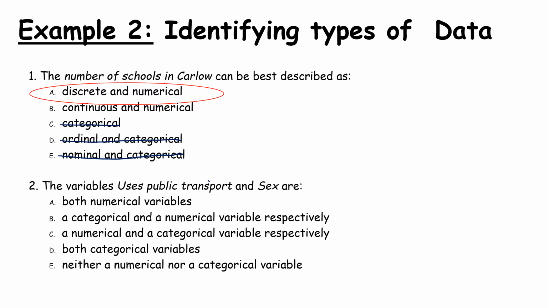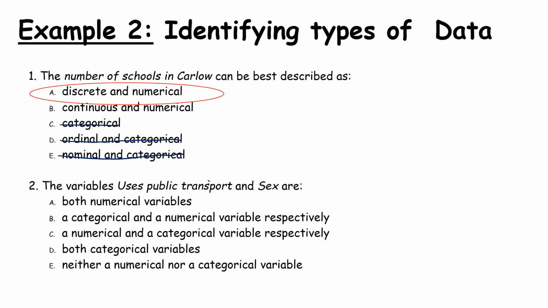Question 2, the variables uses public transport and sex are both numerical variables, a categorical and a numerical variable respectively, a numerical and categorical variable respectively, both categorical variables, or neither a numerical nor a categorical variable. Okay, so let's think of the answer.